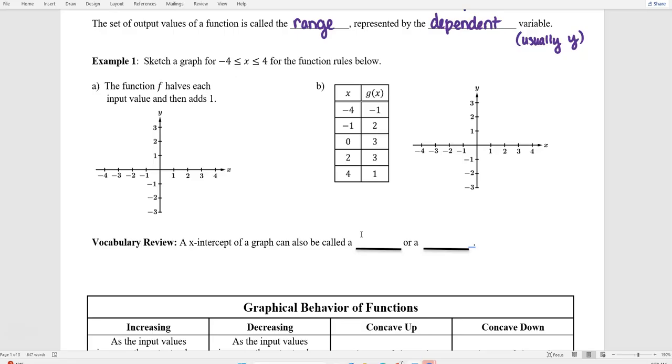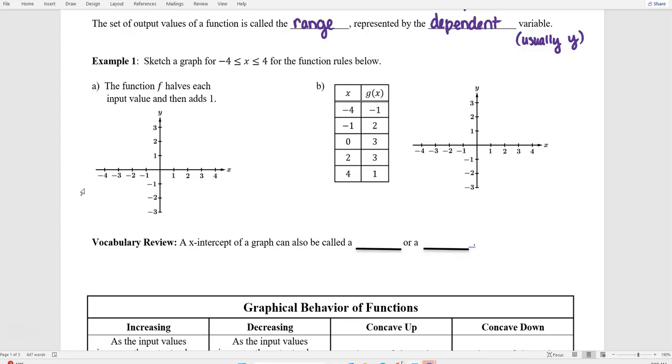We could make a table for that function. We don't do it very often, but we're going to have to do it a little bit more in this class. We could write out a description of that function in words. So those four representations are graphical, numerical, which is your table, analytical or algebraic, which is your equation, and, what do they call words?